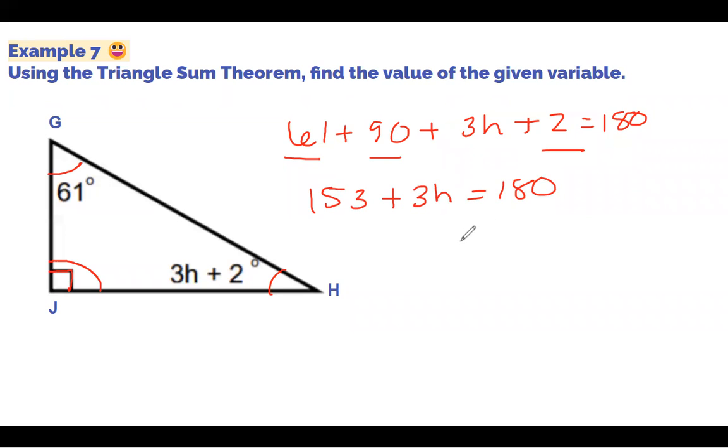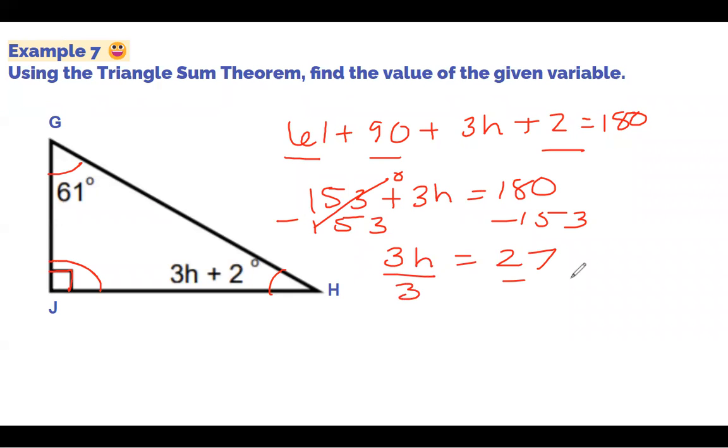All right, Clarissa. So subtract 153, subtract 153. We're left with 3H equals 27. And last step, everyone. Divide by 3. We're left with H equals 9.